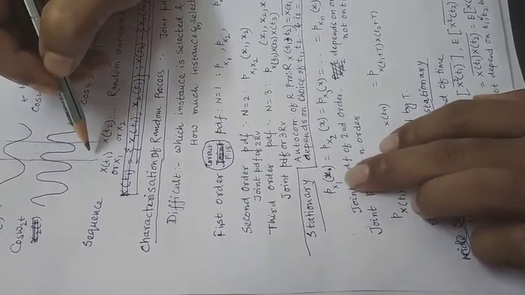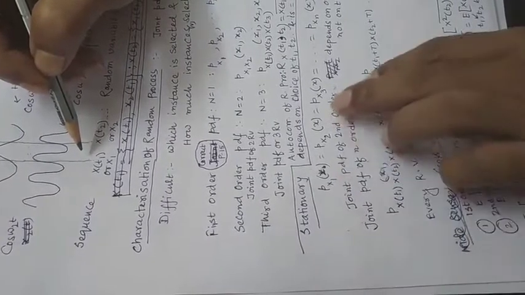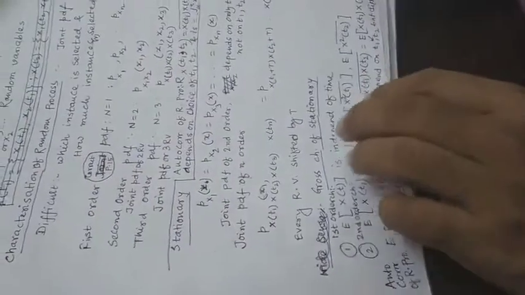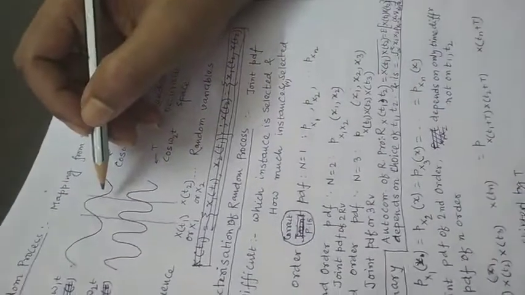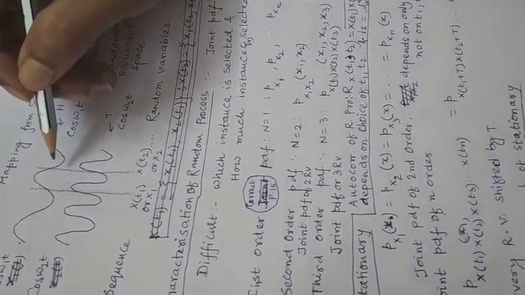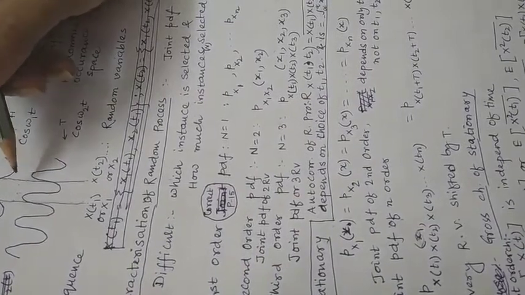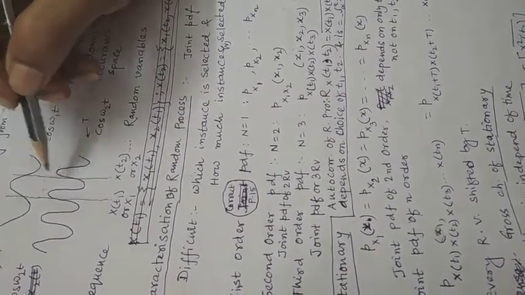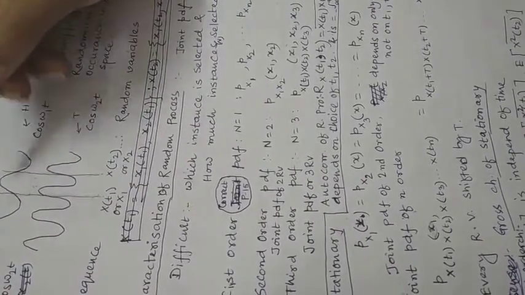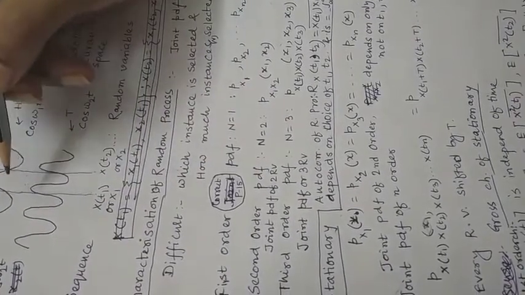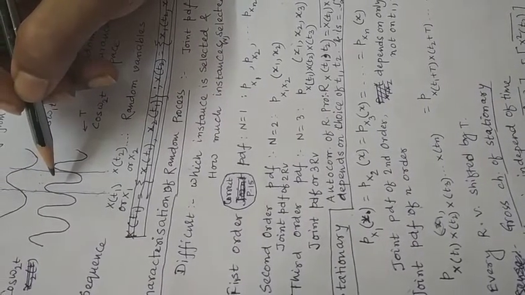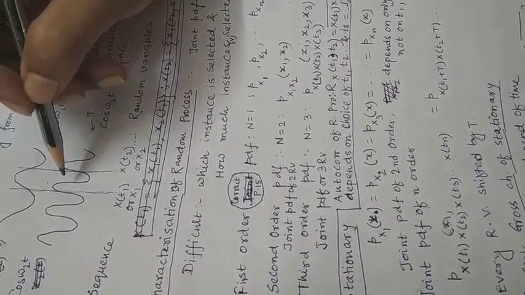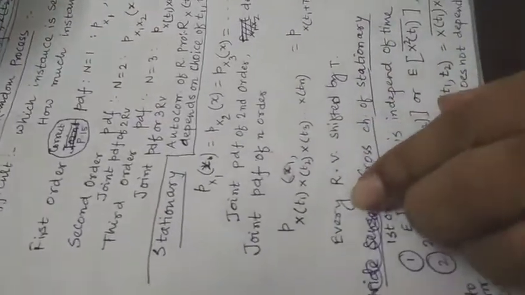That means the probability density function at t1, t2, t3 will be the same. Another important feature of a stationary random process is that the joint probability density function of any two or three random variables of the process does not depend on the times t1, t2, t3, and so on, and will always be the same.